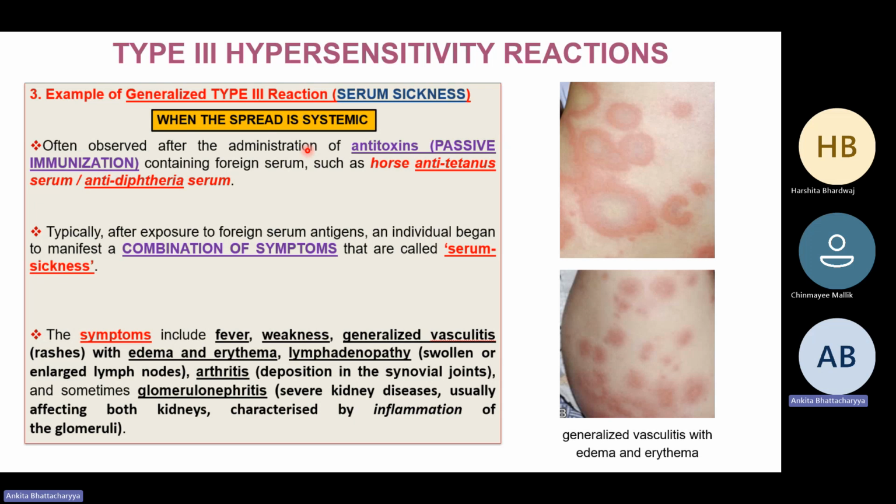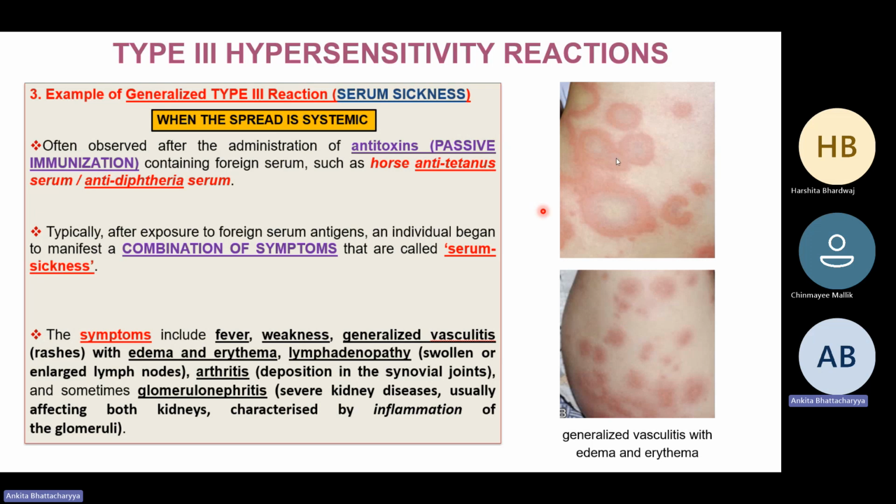It is not exactly a disease, it's more like a condition, a group of features that distinguish it. The symptoms include fever, some weakness, generalized vasculitis, for which you can see images here on the right, where there's edema and erythema as well.